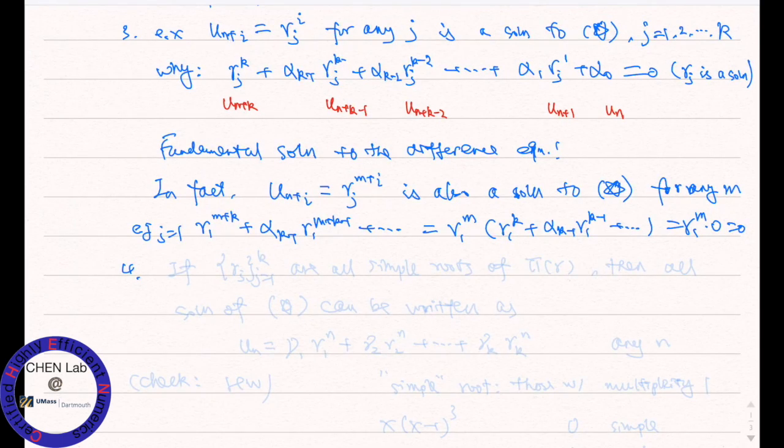What's next is a discussion into two categories. The first one is that if all those roots, you get your characteristic polynomial.